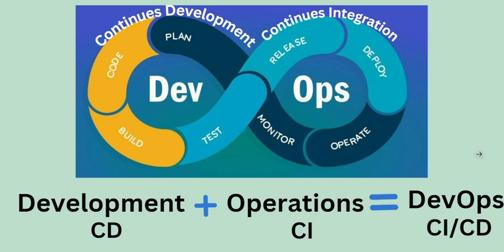The development stage consists of different phases like plan, code, build, test. Then the integration stage or the operation stage consists of different phases: release, deploy, operate and monitor. It is a continuous iteration of the process.